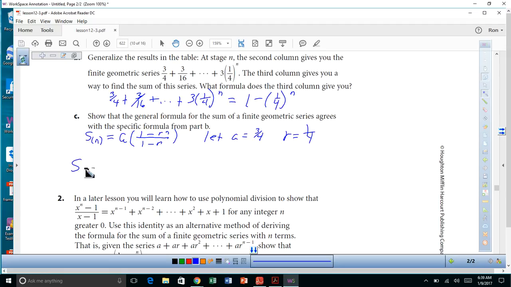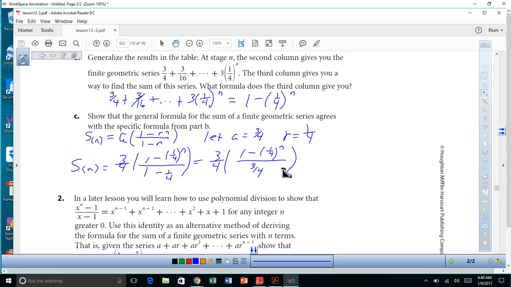So S of n equals 3/4 times 1 minus 1/4 to the n over 1 minus 1/4. And that's going to equal 3/4 times 1 minus 1/4 to the n over, and then 1 minus 1/4 is 3/4.